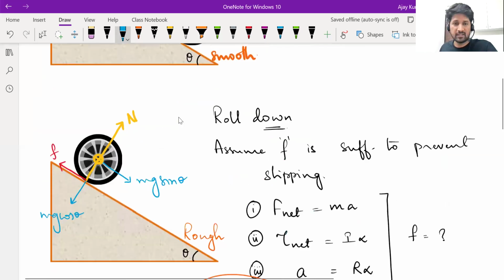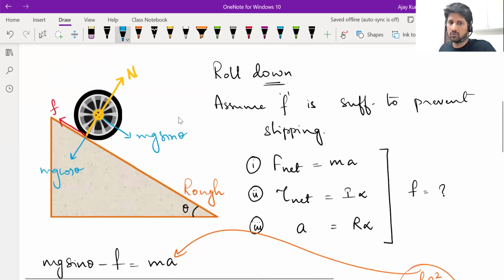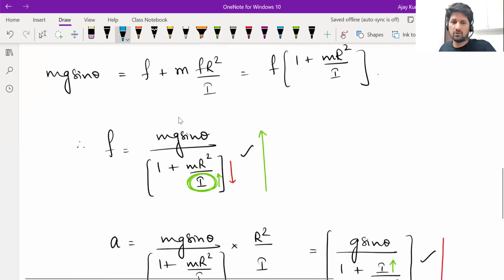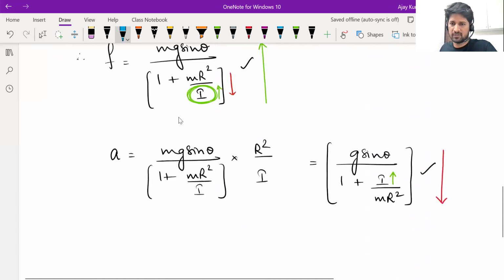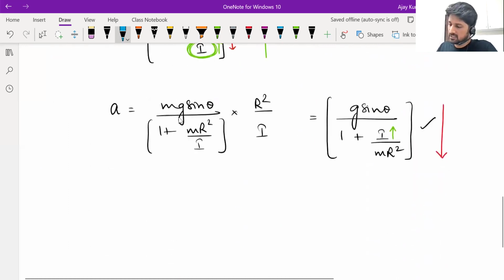Whereas if it's a rough incline and you are sure that they undergo pure rolling, then depending on moment of inertia, you can tell which will reach first. Whichever has more moment of inertia will have less acceleration, so it will go down slowly. Whichever has less moment of inertia will have more acceleration, provided the other terms are same. Mass and radius should be same.